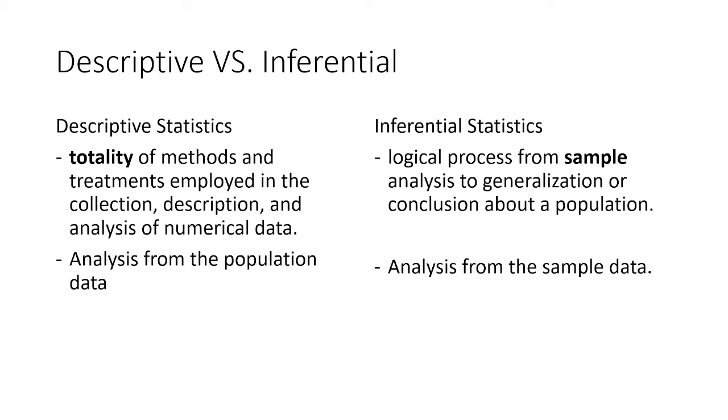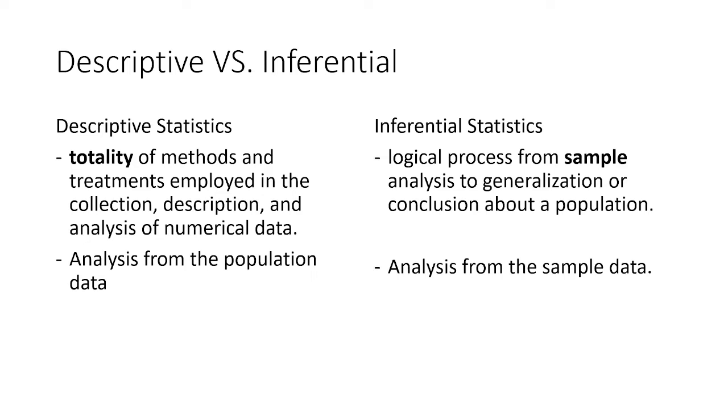One example of this descriptive stat is the census. Ganyan. And for inferential statistic, it is a logical process from sample analysis to generalization or conclusion about the population. Small group sample, it will describe the whole population. It is an analysis of the sample data.